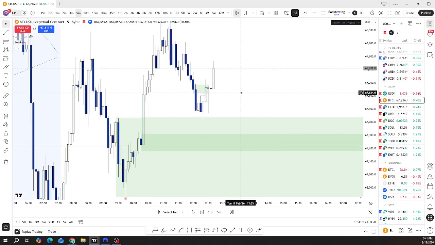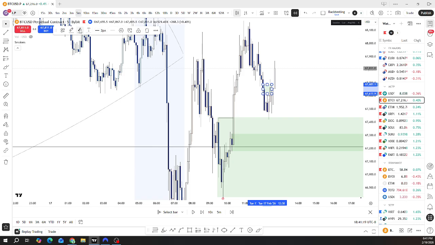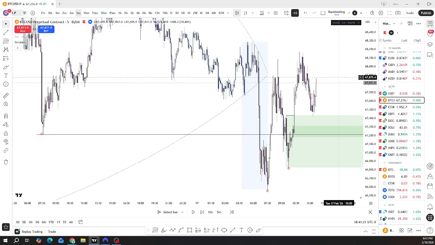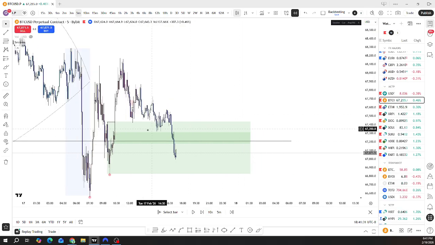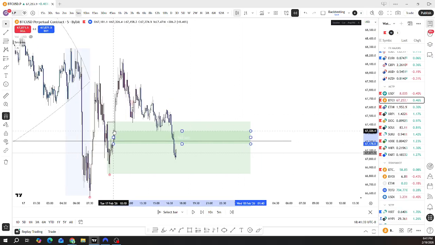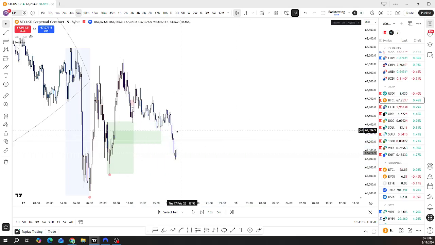Overvaluing the potential trade opportunity here. So yeah, there was that. And then as price progressed, we actually did come for the refined POI here, and I didn't have it drawn correctly. We came for that refined POI there.